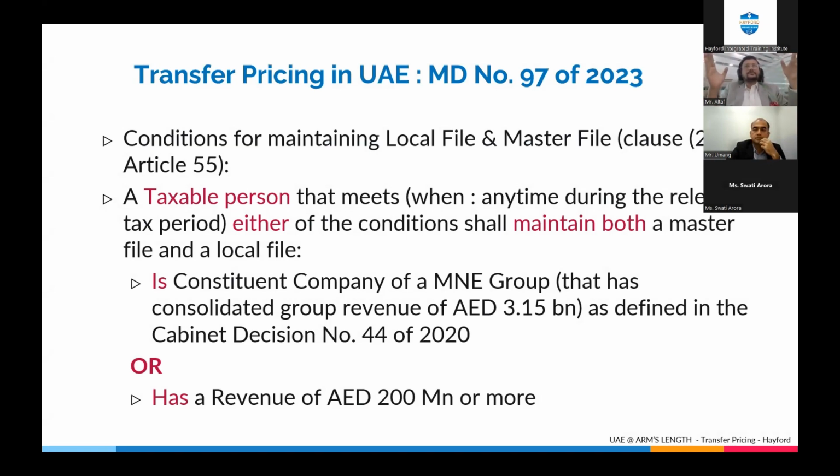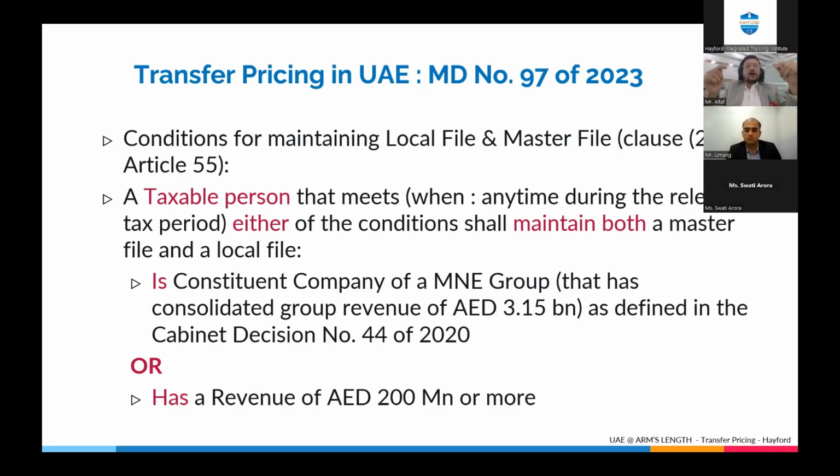Those are organizations whose global consolidated turnover is more than 750 million euros. If you translate 750 million euros, it becomes 3.15 billion AED. If a subsidiary of such an organization is in the UAE, we will not look at the turnover of that entity. We will simply consider it as subject to transfer pricing regulations.